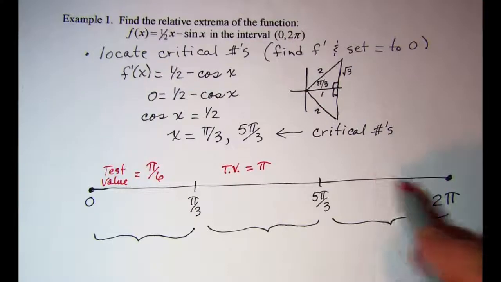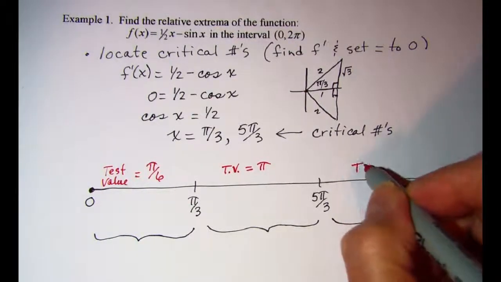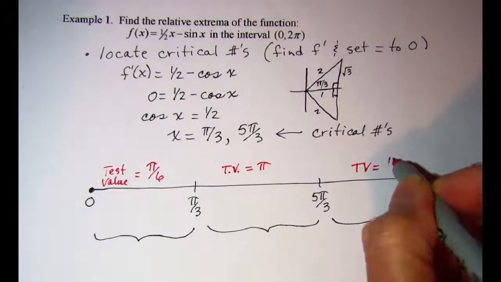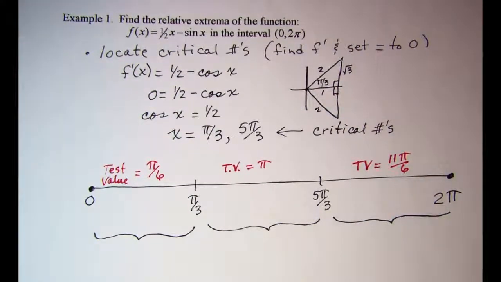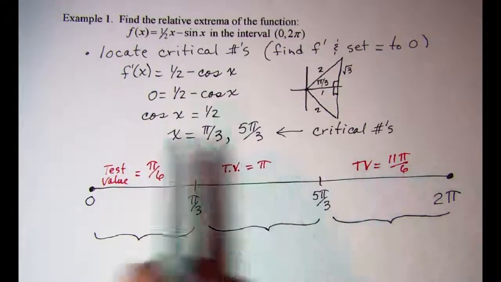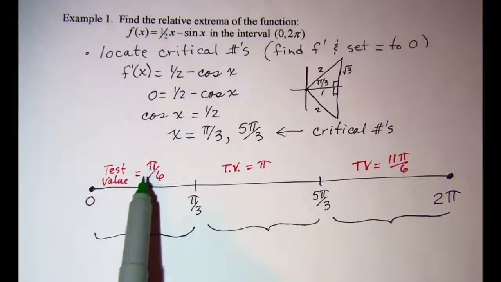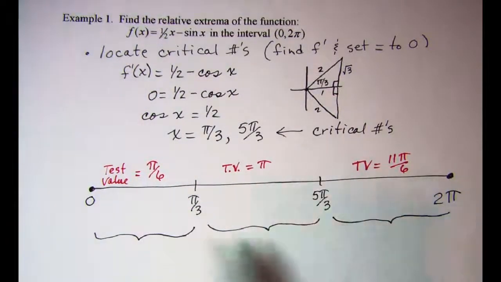And in this one, let's use 11 pi over 6. Now what I want to do with those test values is see what the sign of the derivative is at each of those test values, and that'll be the sign of the derivative in that entire interval.